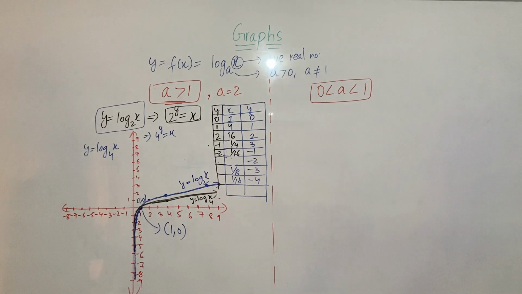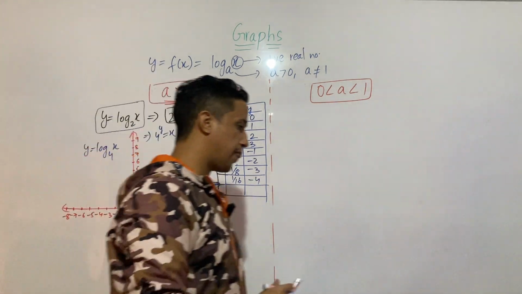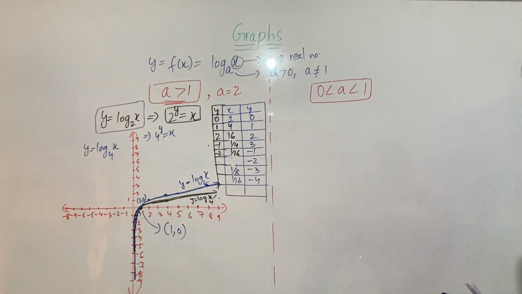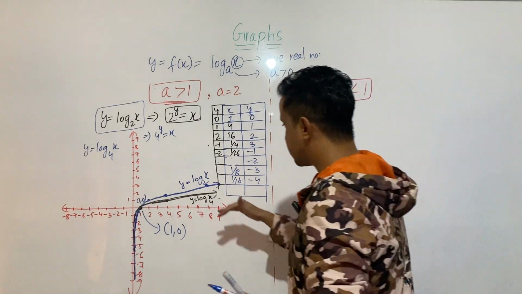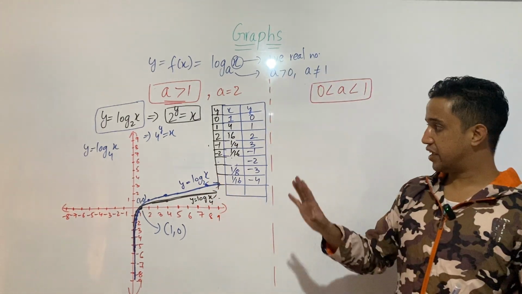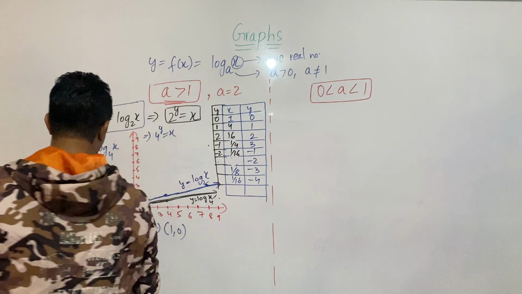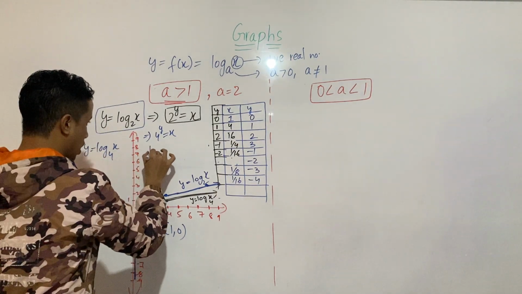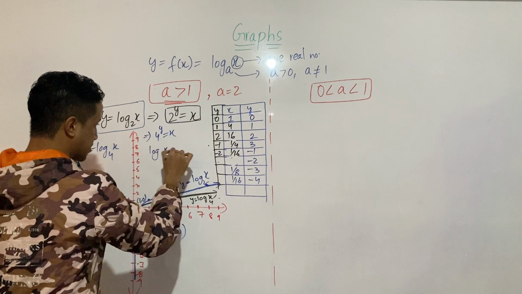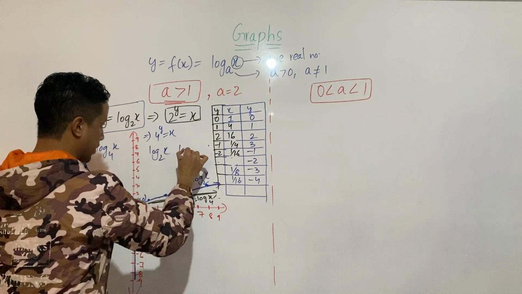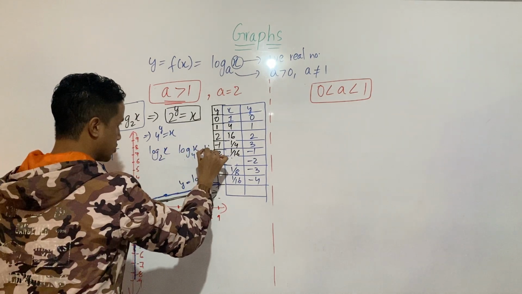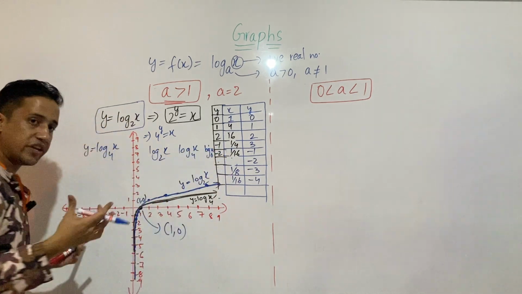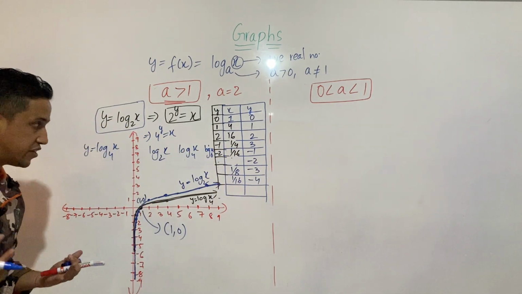Now here you can see one thing: as you increase the base, if you take the log of any positive real number, for example log x, with base 2, base 4, base 6, which is going to give you the greater value?